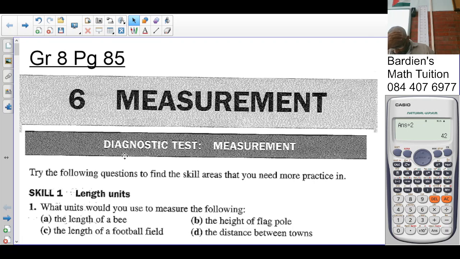The next one, number 7. Number 1, 2000. Number 3 is 4.8. Number 5, 1040. Number 7 is 8,14. Number 9 is 16. Number 11 is 0,9.